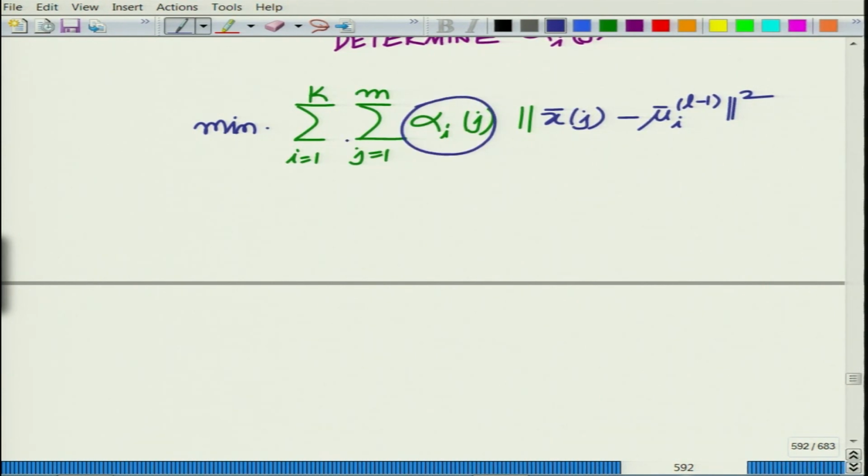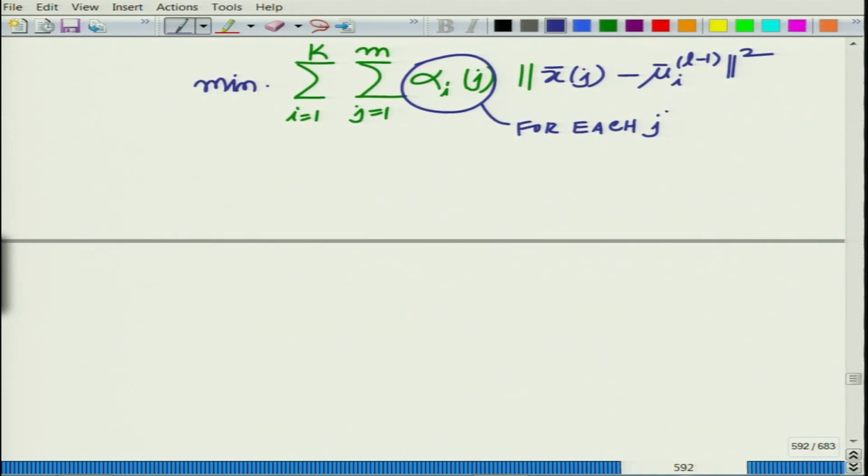Let us compute what is this alpha I j for each j, each point j, that is basically for each j, or you can say for each x bar j, determine cluster I, and for that cluster alpha I j will be equal to 1, and for all the other clusters, alpha I j will be equal to 0. Okay. And how do we do this?